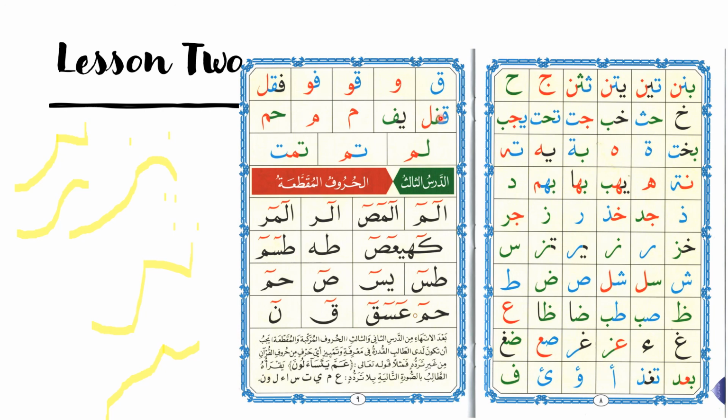So this is in the beginning, this is in the middle, and this is at the end. For the fa at the end, there is no example here. Beginning, beginning, middle, middle, beginning, end. And this is how the qaf looks at the end.